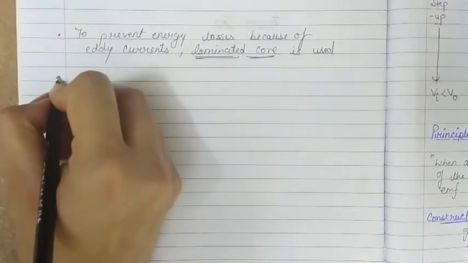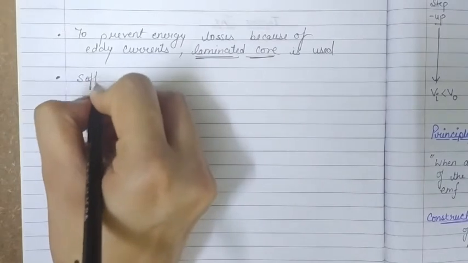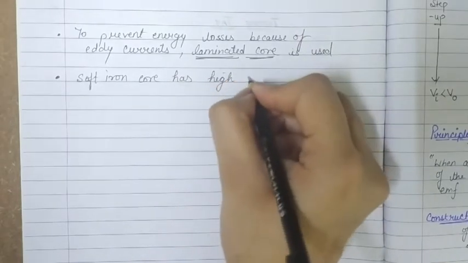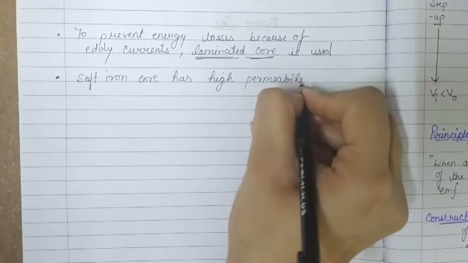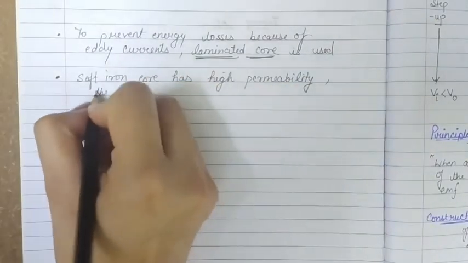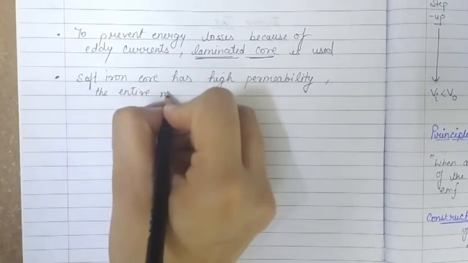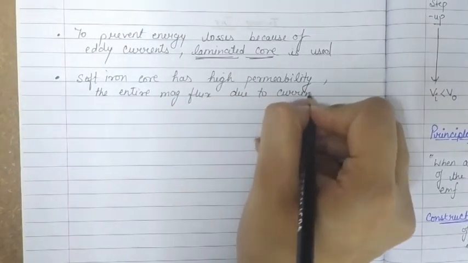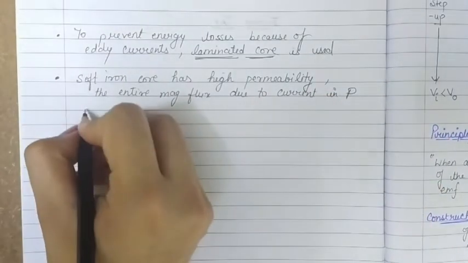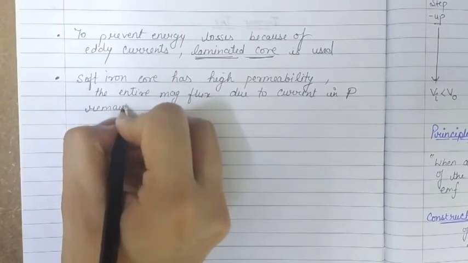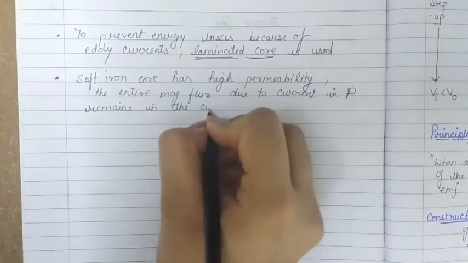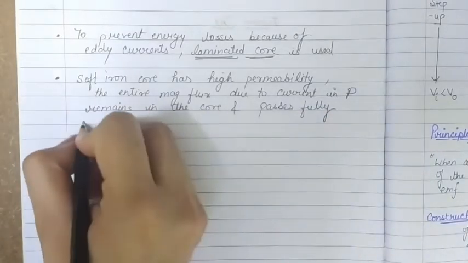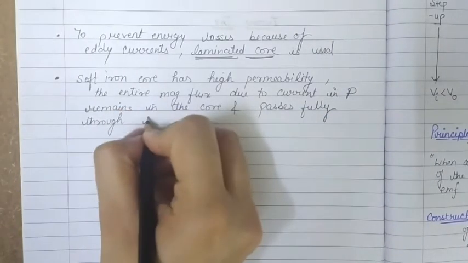Also, we are using a soft iron core, and this soft iron core has high permeability, so the entire magnetic flux due to current in the primary coil remains in the core and passes fully through the secondary coil.